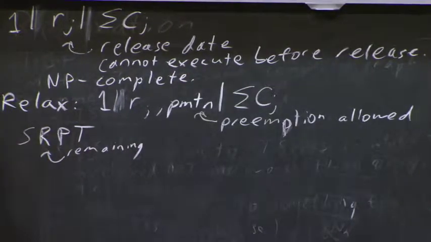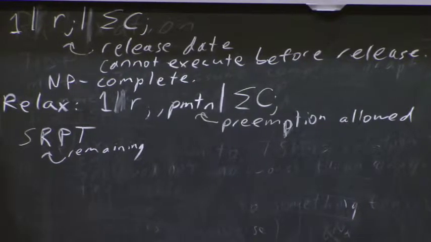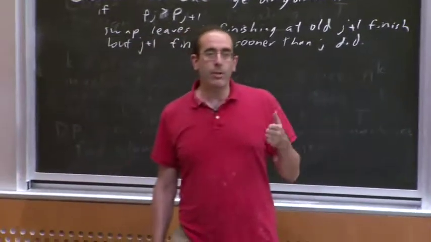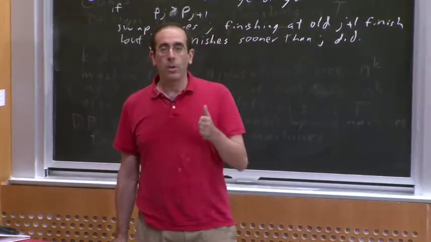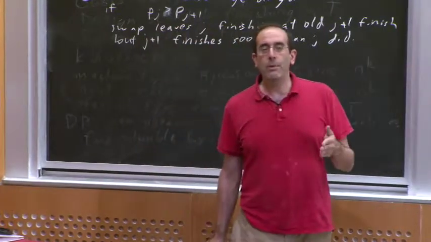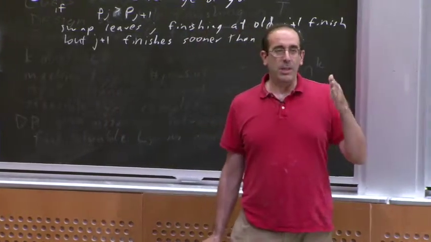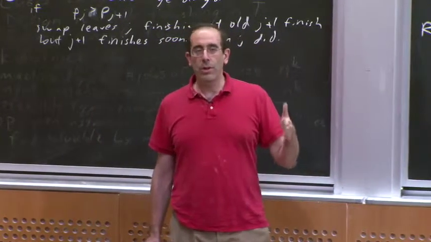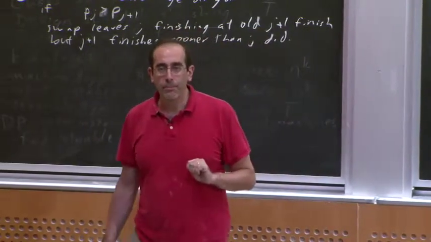So at any moment in time, you should be working on the job that has the least work left and is available. So some jobs haven't been released yet. You can't do those. But of all of the jobs that have been released up to this point, you work on the one with the least work yet to be done. And whenever a new job is released, you have a new decision point where you say, is the newly released job shorter than the one that I'm currently working on? If so, I will swap.